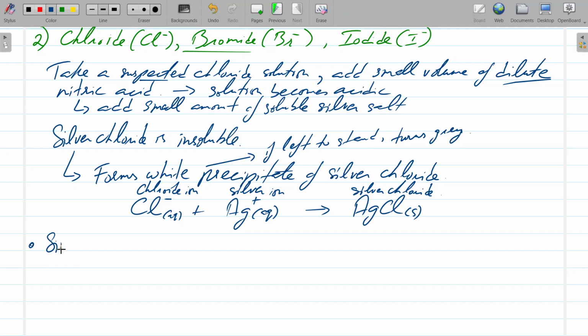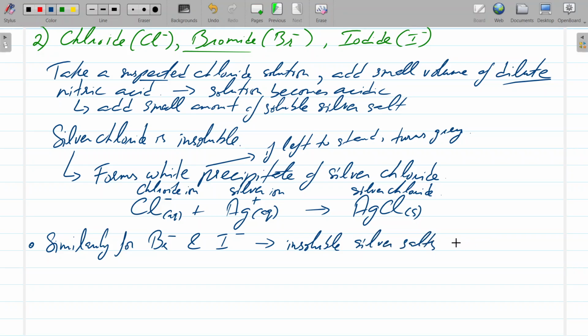Now, similarly, you can do the same thing for bromides and iodides. You use a soluble silver salt for both of these, and you will get insoluble silver salts precipitating. How will you tell the difference between these two?